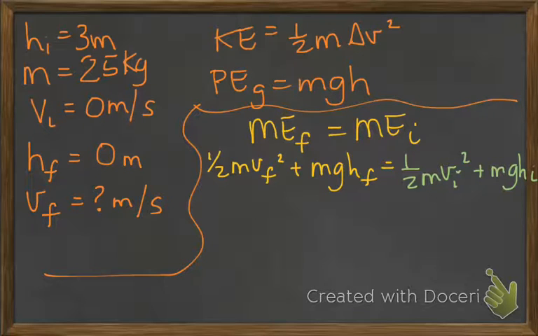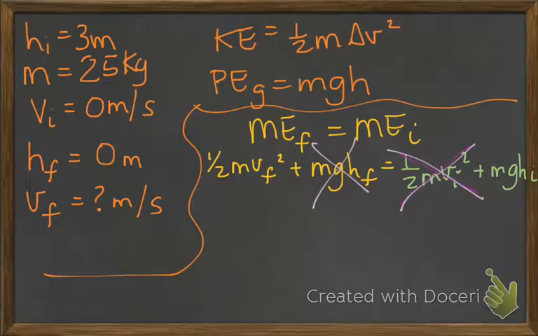Does any of this stuff cancel out? I see initial velocity is 0 meters per second, so that's going to cancel. Height final is also 0, so that's going to cancel.